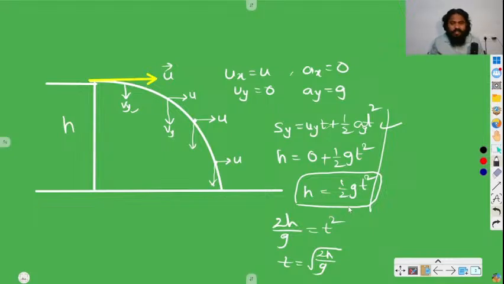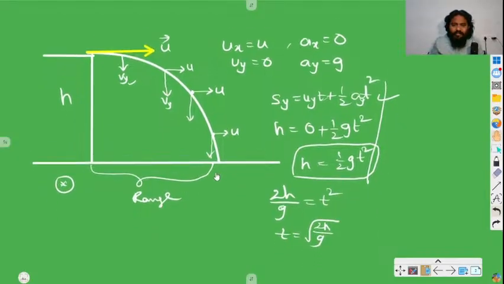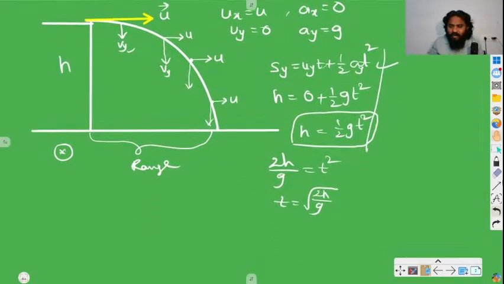And one more thing is the range. The horizontal distance from the foot of the projection point to the point where the object strikes the earth is called range. If you want to find the range, it is along the x-axis, so range is horizontal speed into time.